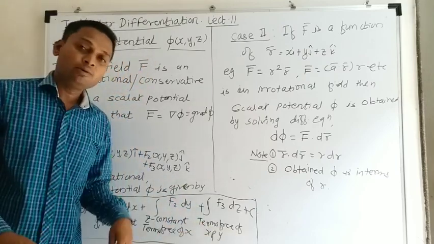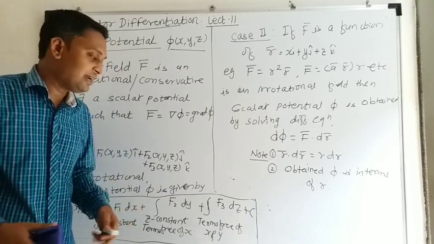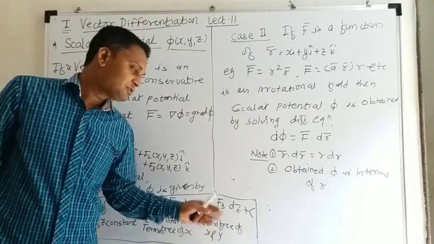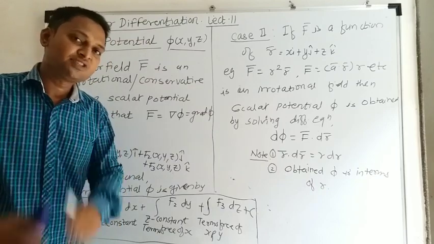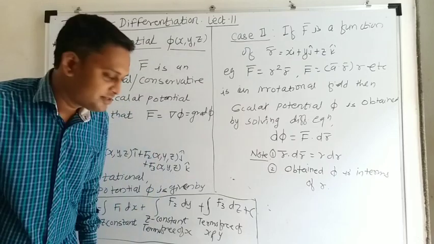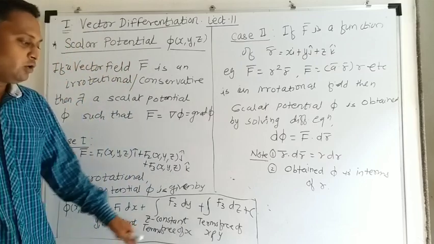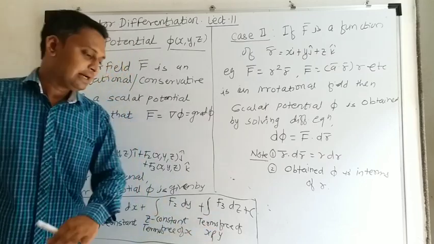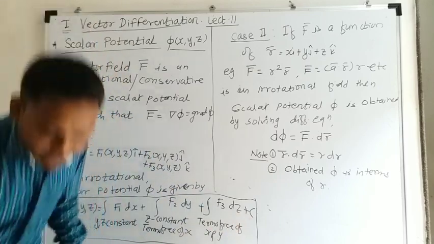If you don't have any term which is free of x and y, at that time you take 0. If f3 has terms which are purely a function of z, only then you integrate those terms with respect to z. If any term contains x or y or both, we have to avoid such terms. And finally, plus constant of integration.